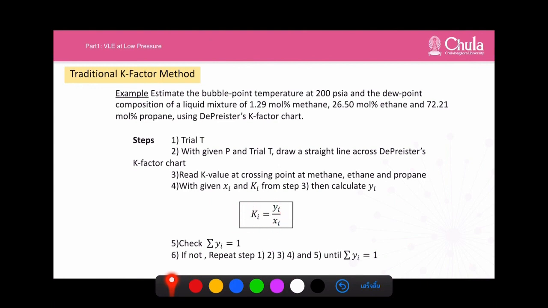And then we check whether the summation of yi calculated from this is equal to 1 or not. If not, well, we go back again and try T again. Okay, repeat all these steps until we get the summation of yi equal to 1. Okay, so we will stop this section here, this video here.